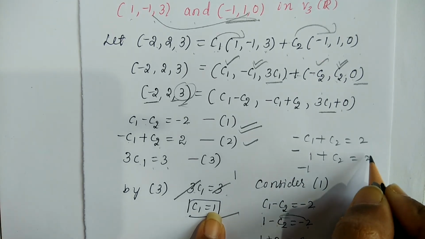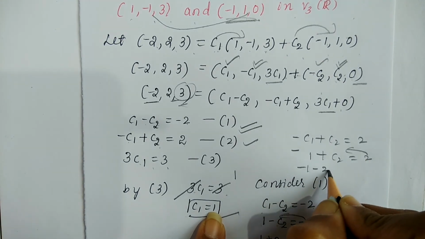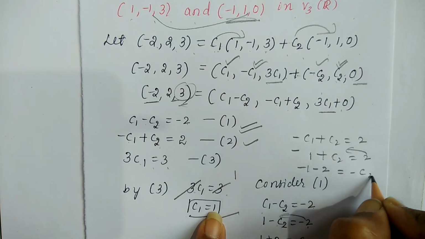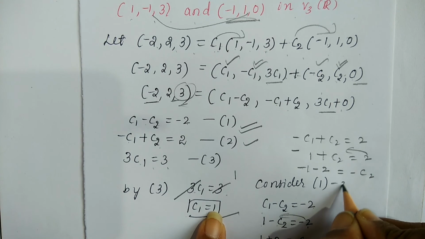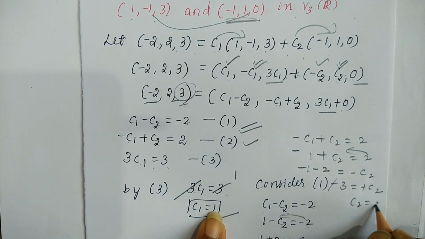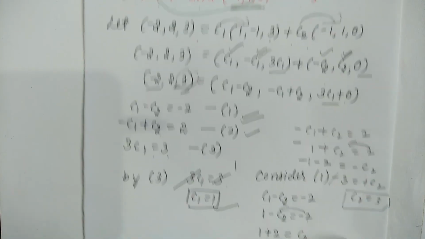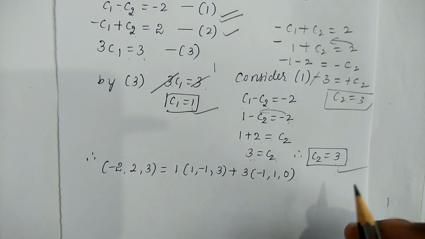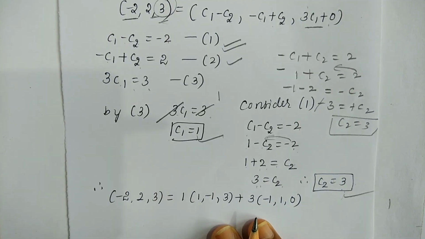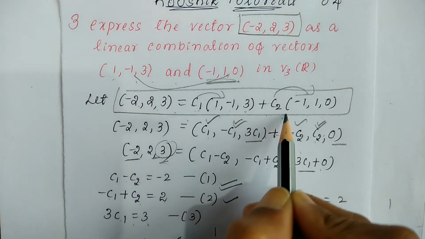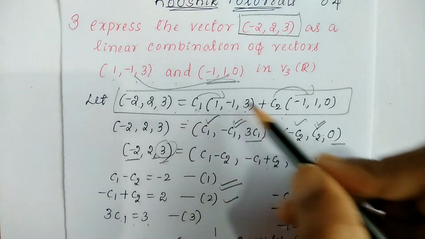So C2 is equal to 2 plus 1, which is 3. Both are the same. You can put any equation, you get the same value. So C1 is 1 and C2 is 3.